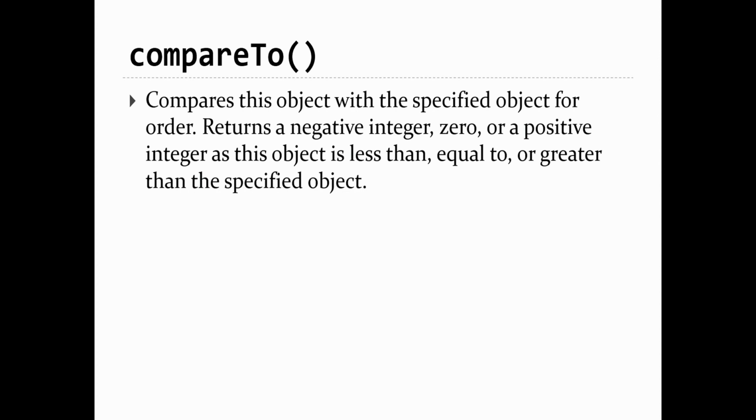So I can make a string s, and we'll do, I guess, ant. Then I can make a second string t, and I guess we'll do zebra here. Now I can write something like int c = s.compareTo(t).